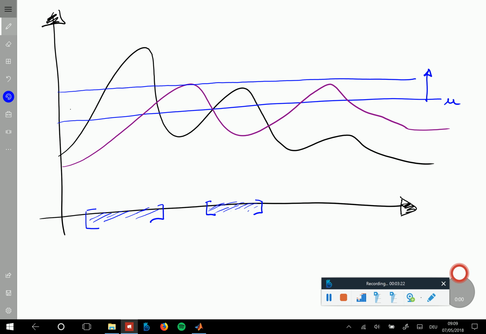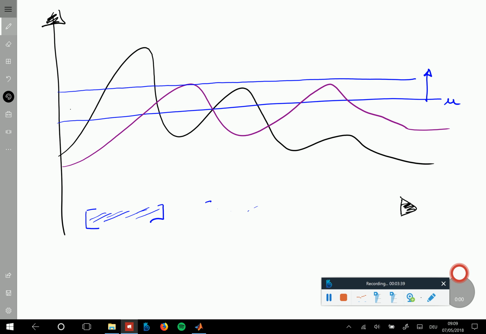So, for example, if we're still looking at the black one, then this part here would now not be in the excursion set anymore. So the excursion set gets a lot simpler. Now the whole line is gone.